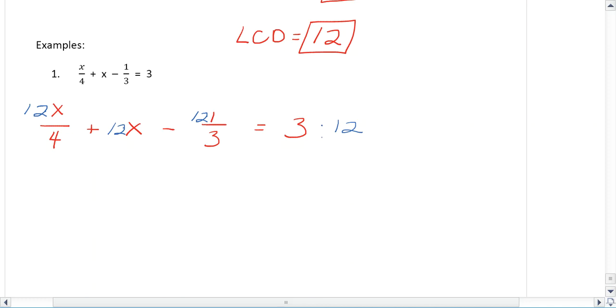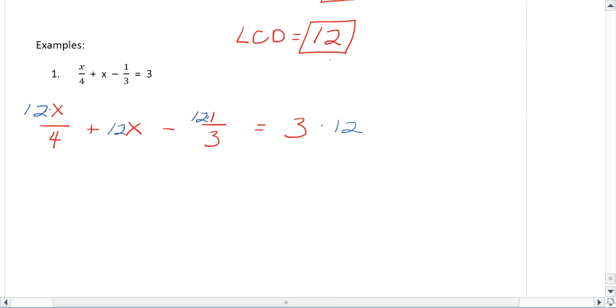Like I said, what you do to one term, you have to do to all of them to keep the equation equal, otherwise you've destroyed your equal sign. And you'll also notice when I was multiplying the fractions by 12, did you see that I put it into the numerator? If you put the 12 down in the denominator, you are in essence dividing by the 12. But we wanted it to multiply.